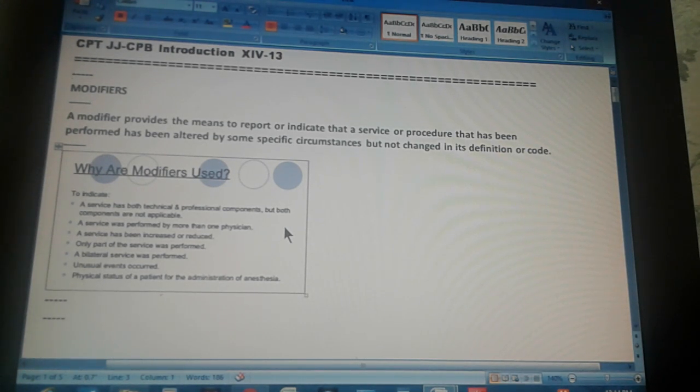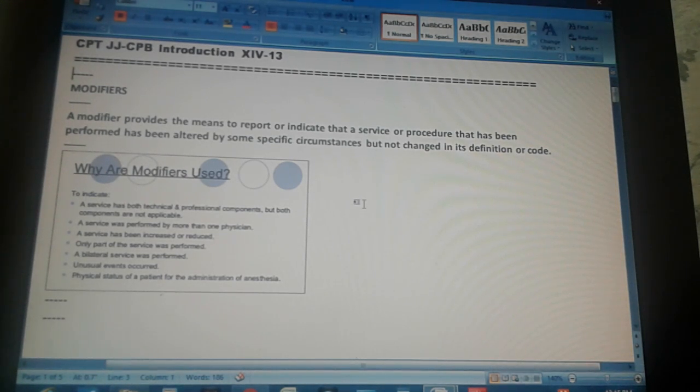Unusual events is another reason for a modifier, and so is the physical status of a patient for the administration of anesthesia, right? And tell us the most common modifier for bilateral. What is it? M50 or F59? M50, I think, right?